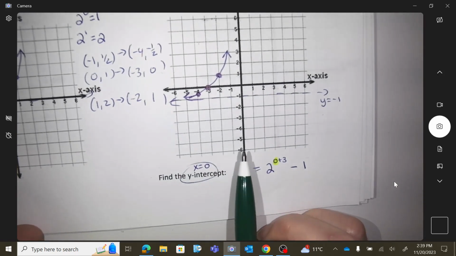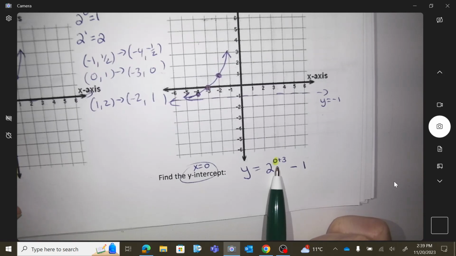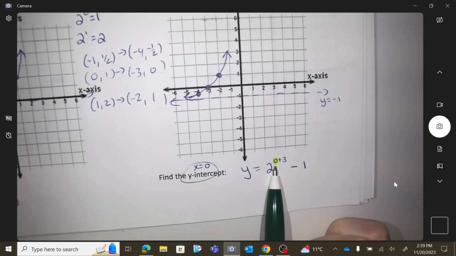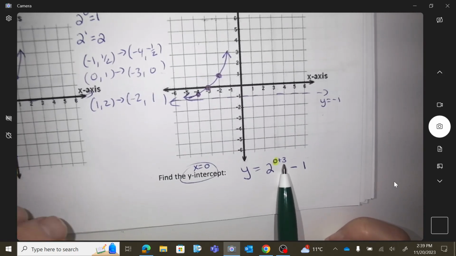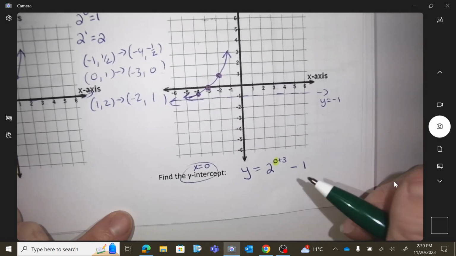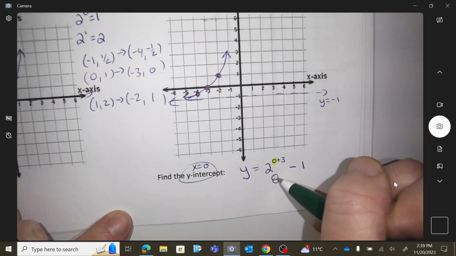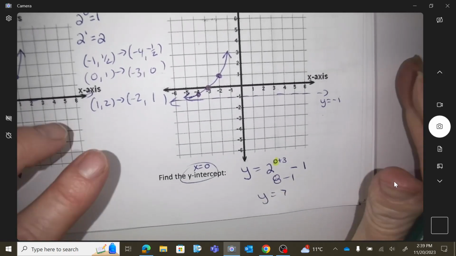So there's a 0 in place of where I could see an x. So this would become, what is 2 cubed? You should know that without a calculator. 8. So my y-intercept is at 7.